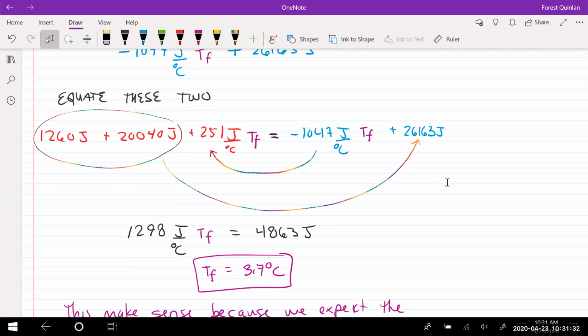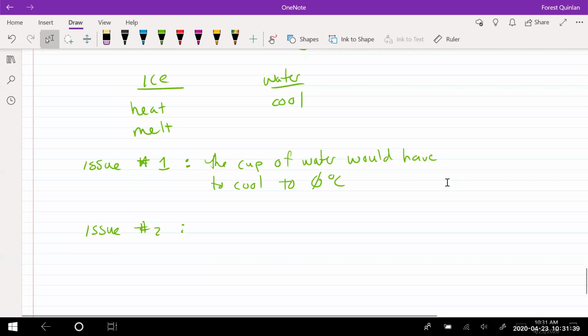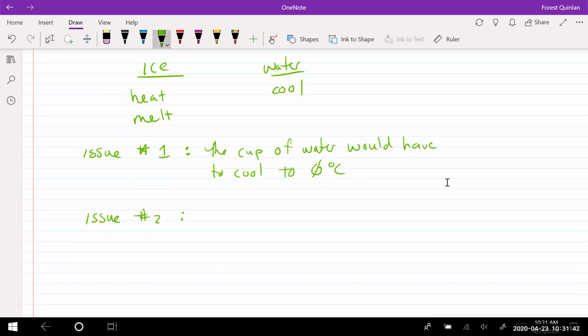So Dallas, can you keep track of that, 20,040 plus the 1260, please? What's that going to be? 21,300.